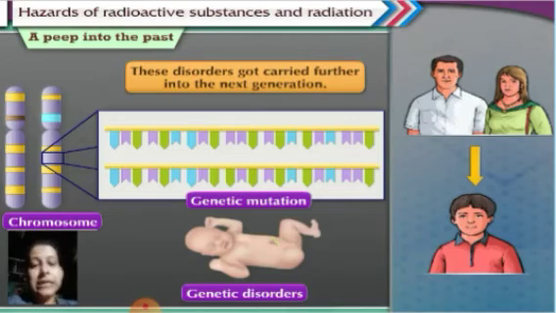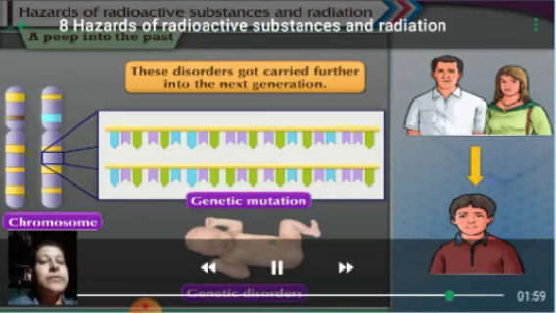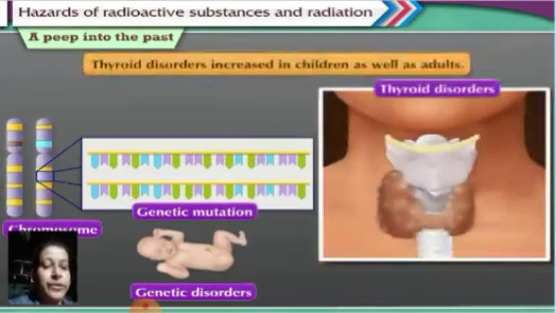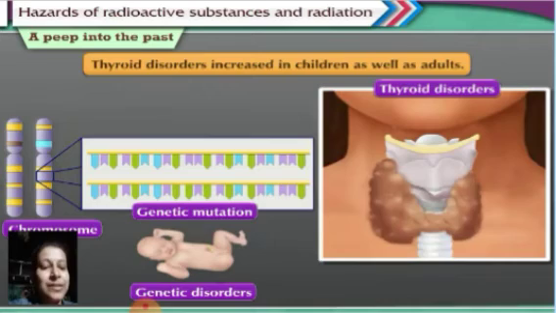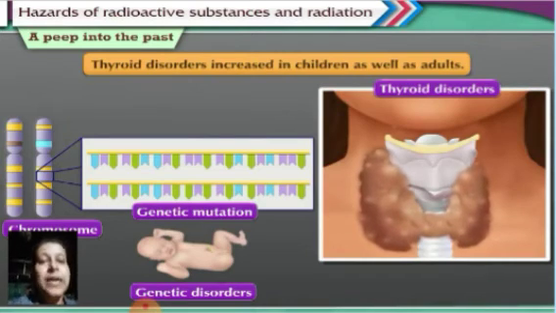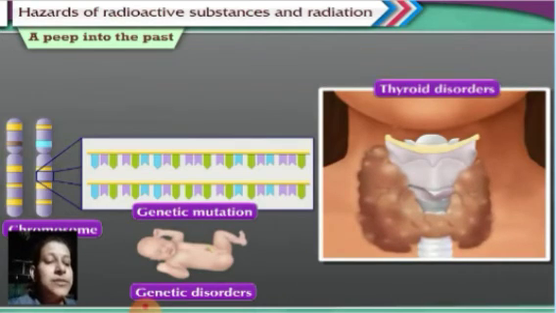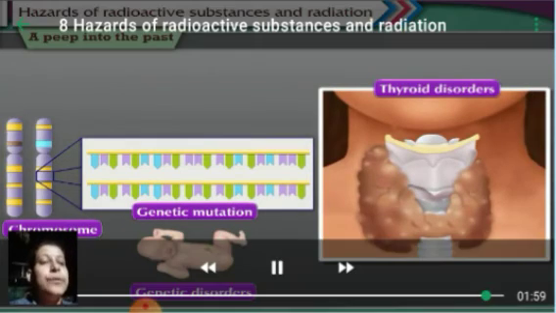From one generation it got carried over to the next generation due to inheritance, right? Certain diseases like thyroid diseases increased in children as well as adults. As a result, the incidence of throat diseases was greater than in other places.